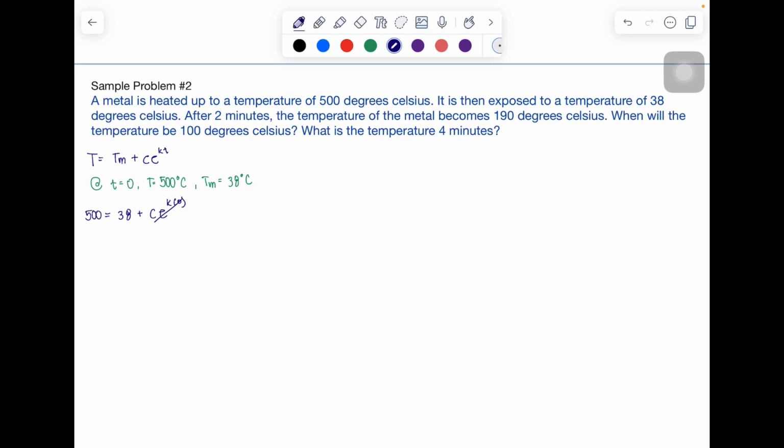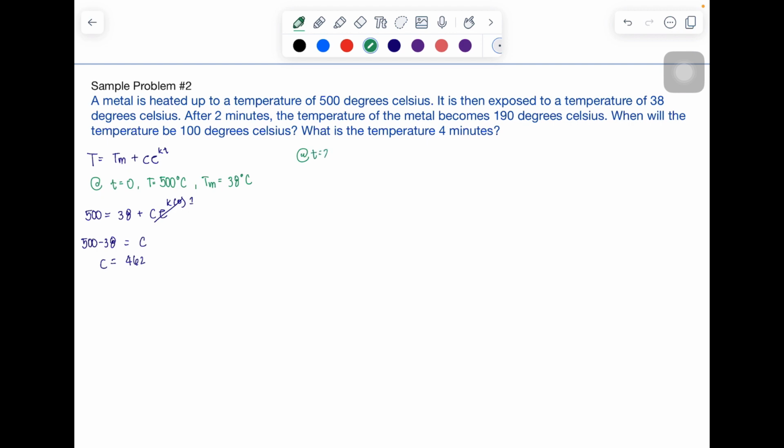So this is basically 1. And so you have 500 minus 38 is equal to c, and so c is 462.